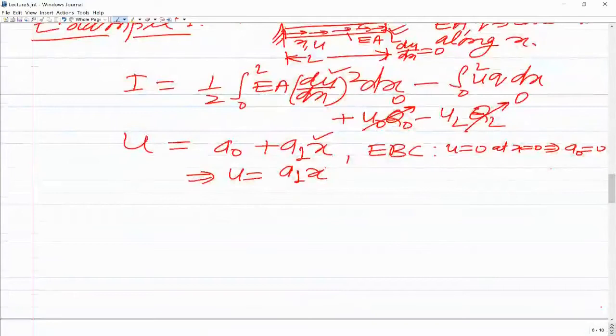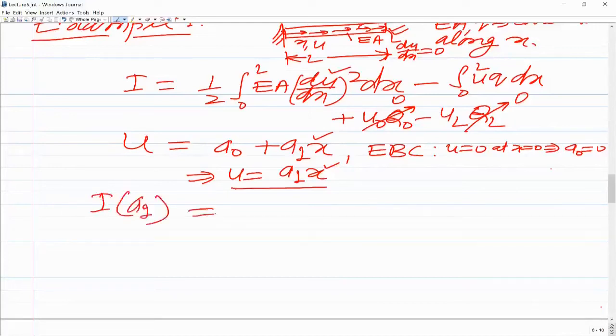You will notice that this function x satisfies the homogeneous form of the essential boundary condition. Now we substitute this approximate solution in the integral functional. With respect to x, we are going to do the integration, so finally I will be a function of the unknown constant a1.